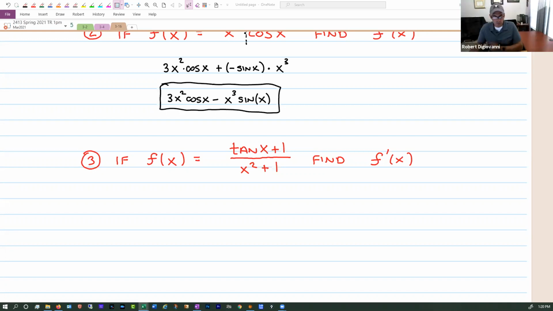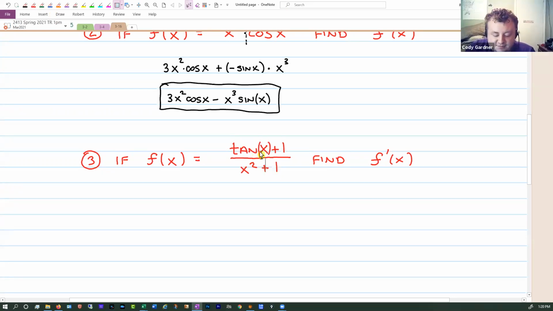So what do you mean by that? You said the x is tied to the tangent, so it's actually inside the tangent like this. Yes. But what I did was I just did tangent of 1 instead of the actual derivative. Okay.